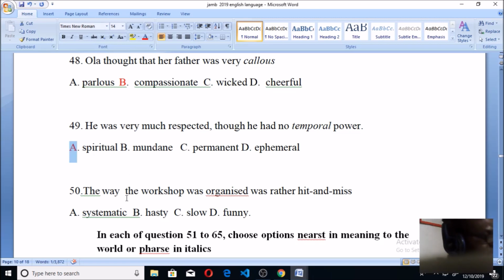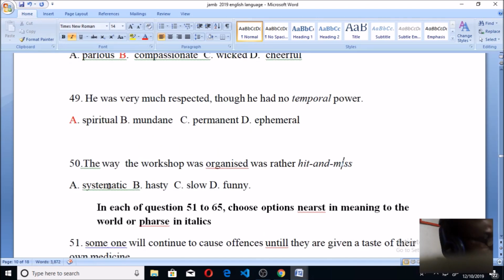And 50, the last one: the way the workshop was organized was rather hit and miss. The word in italics is hit and miss. Now we have options A, systematic, B, hasty, C, slow, D, funny.